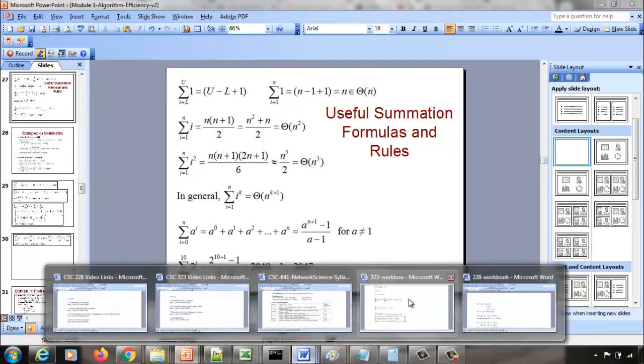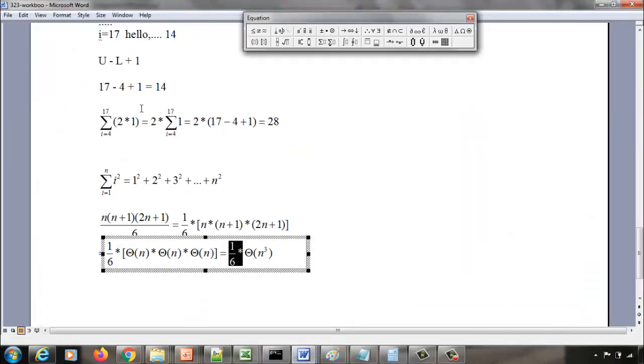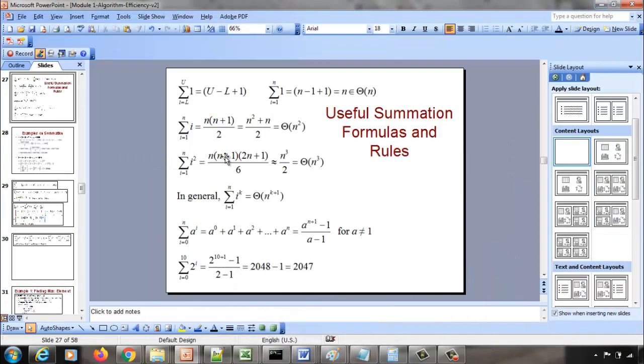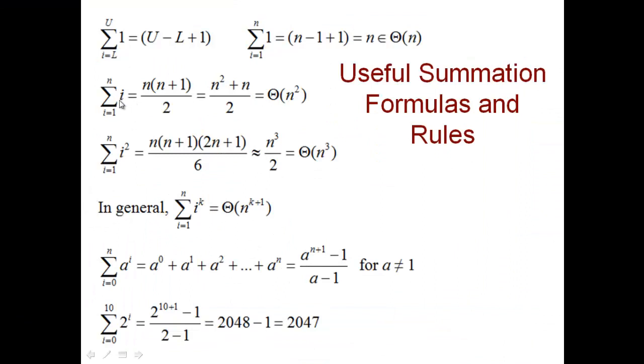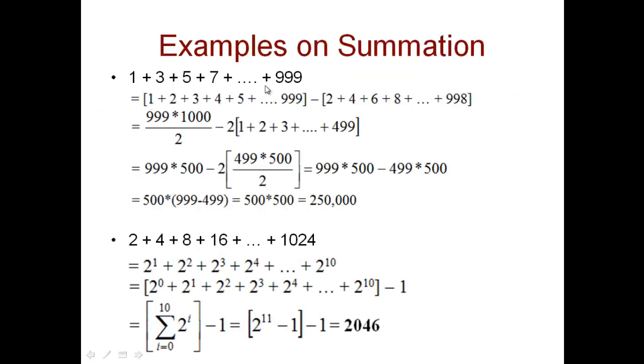The one that can be used is this one, because this is i itself. So it is 1 plus 2 plus 3 plus 4 up to n, and that is n times n plus 1 over 2, and that's what I'm going to apply here. So n is 999, so 999 times 999 plus 1 over 2.